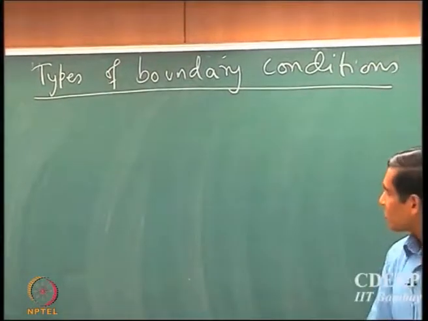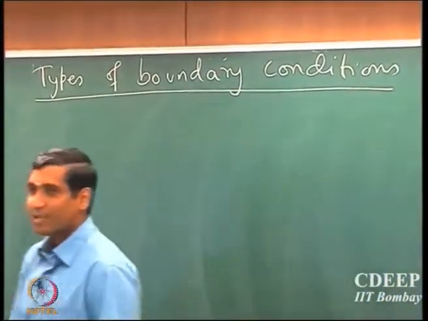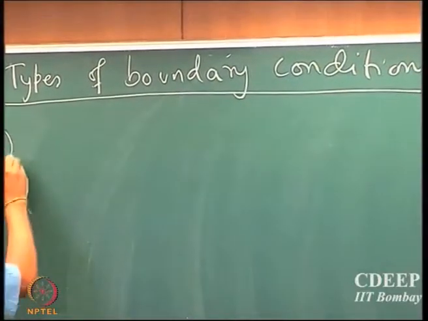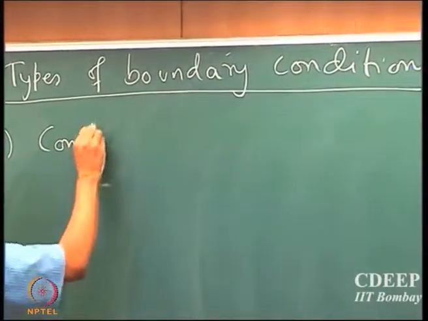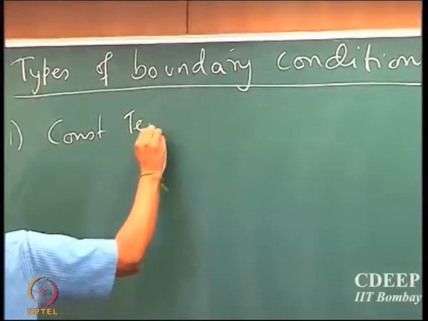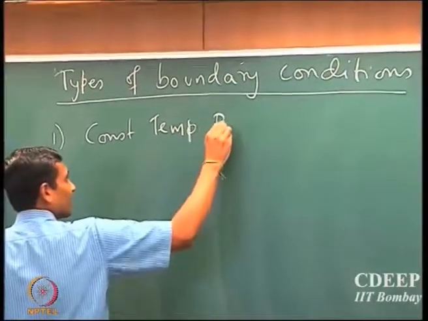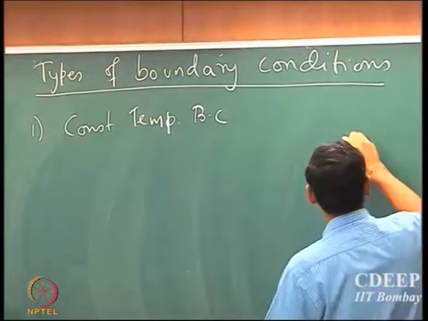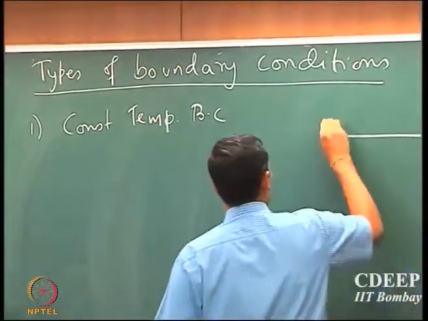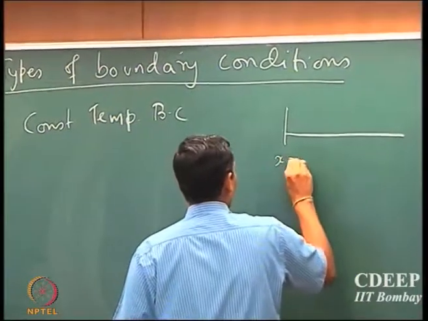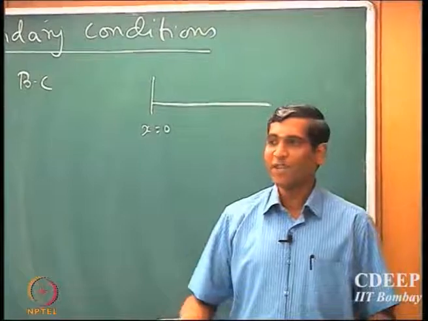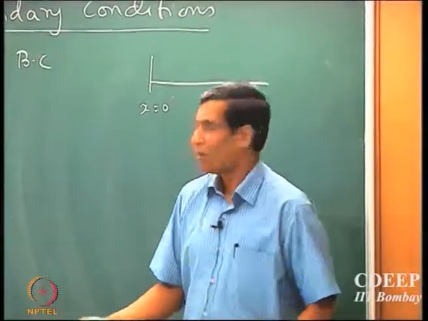Okay. So, there are three basic classes, or three types, of boundary condition. One is the constant temperature boundary condition. So, for example, if you take a system, let us say this is x equal to 0, one possible boundary condition is you could fix the temperature of that particular boundary.